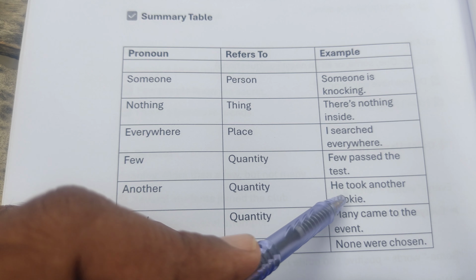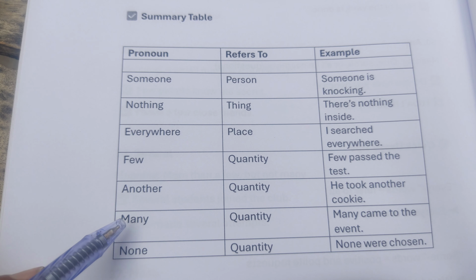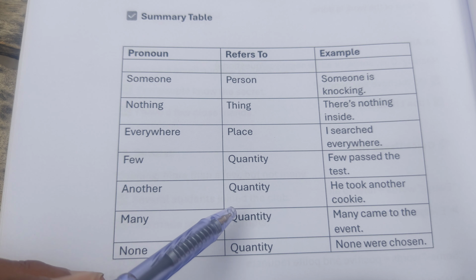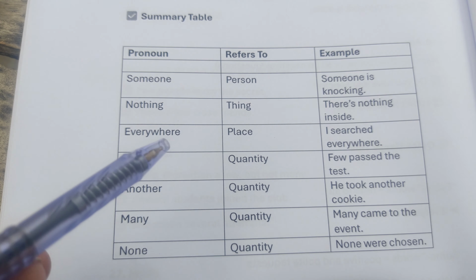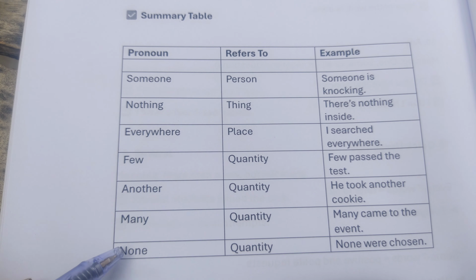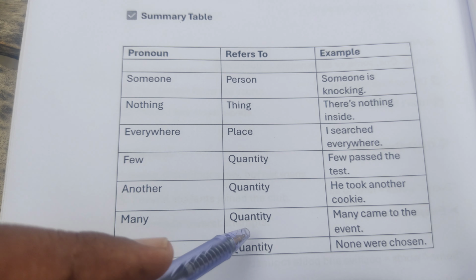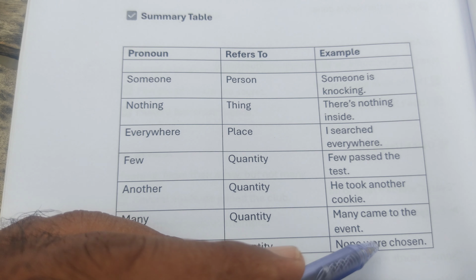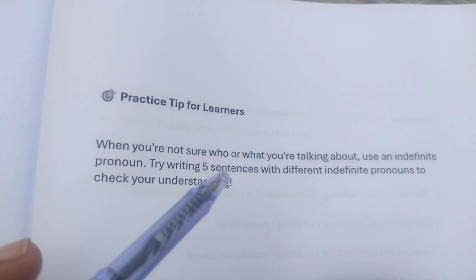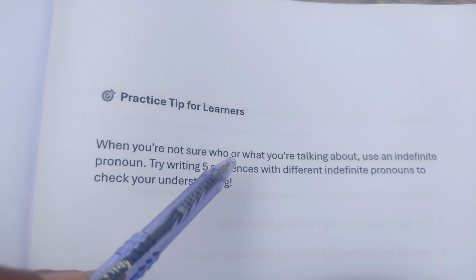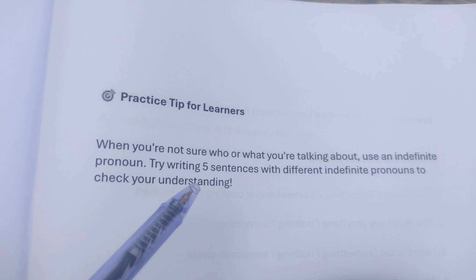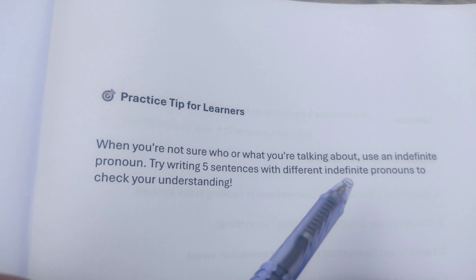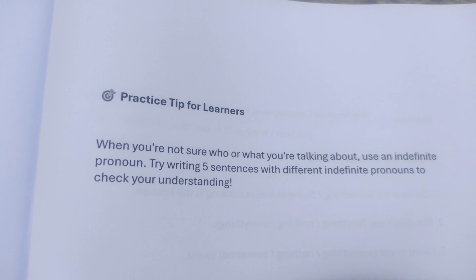Example, he took another cookie. Many, pronoun many refers to quantity. Example sentence, many came to the event. Pronoun none refers to quantity. Example, none were chosen. Practice tip for learners: when you are not sure who or what you are talking about, use an indefinite pronoun. Try writing 5 sentences with different indefinite pronouns to check your understanding.